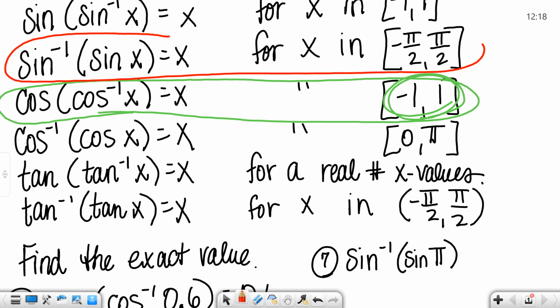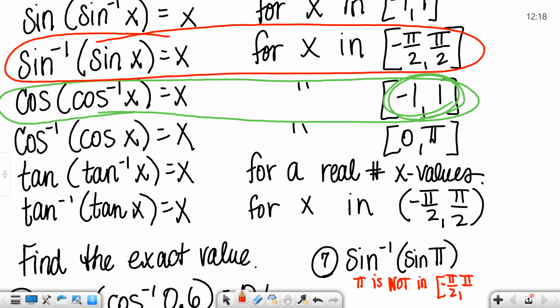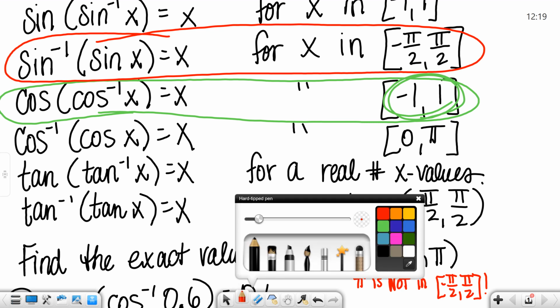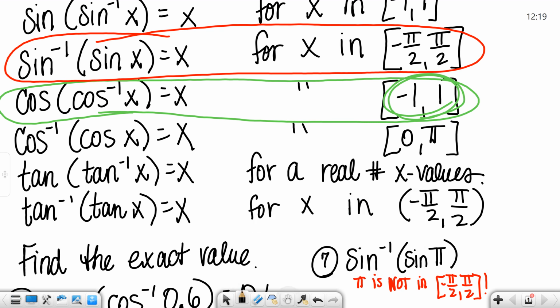That's the one that I'm circling in red. Notice pi is not in that interval, -pi over 2 to pi over 2. It's not in there. Uh-oh. So what do we do now?